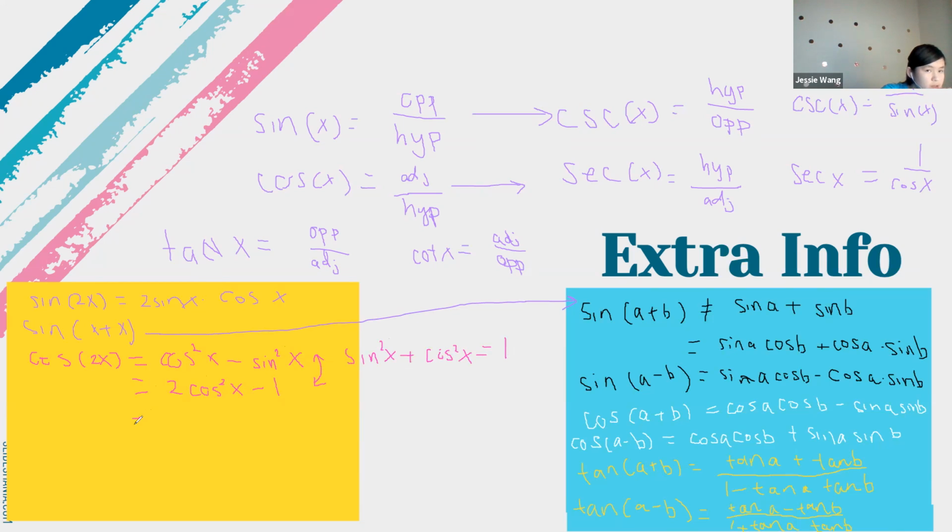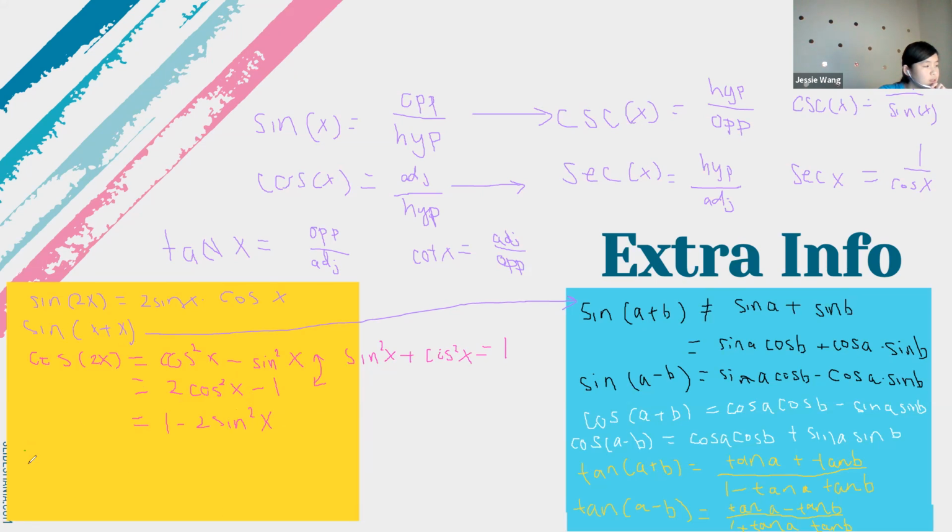And lastly, there's a third form for this, which is 1 minus 2 sine squared of x. So these are the three forms that you'll see. You should probably get used to all three of them, as they can all come up in either format. And lastly, we have the double angle formulas for tan. And tan, again, is a fraction because tan works a little bit differently.